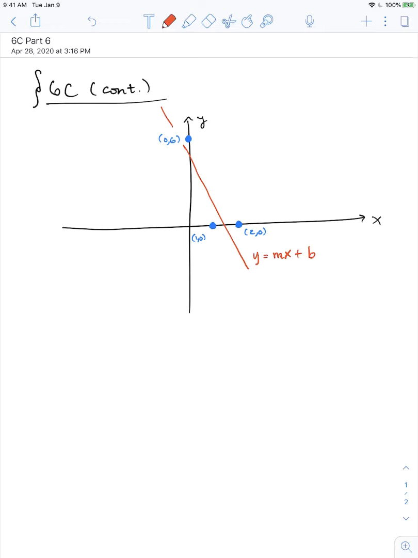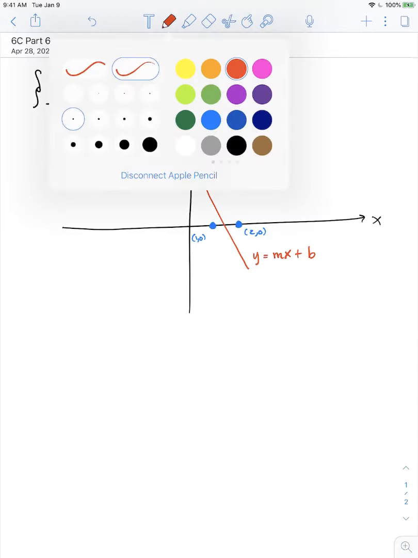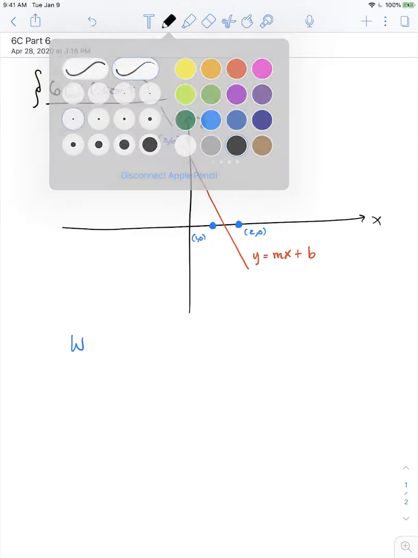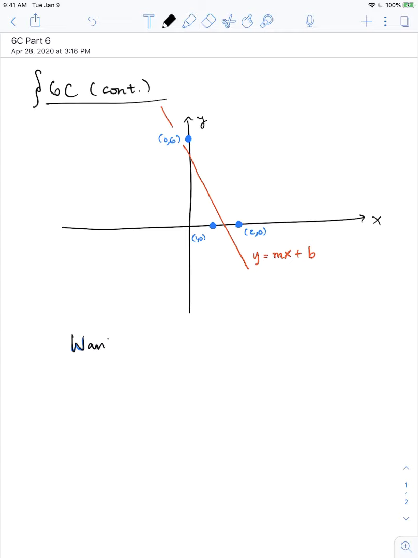Now, the reason no line actually goes through all 3 is that if you had a line passing through all 3, well, when you stick 1 in for x and 0 in for y, you would need m plus b equal to 0, and you would also need 2m plus b equal to 0.